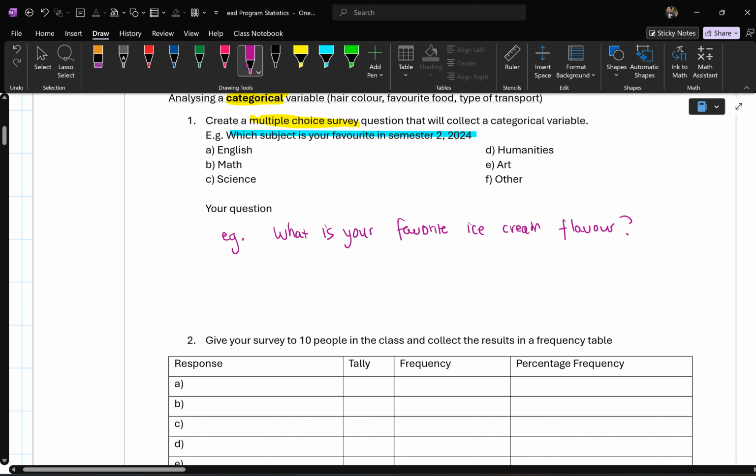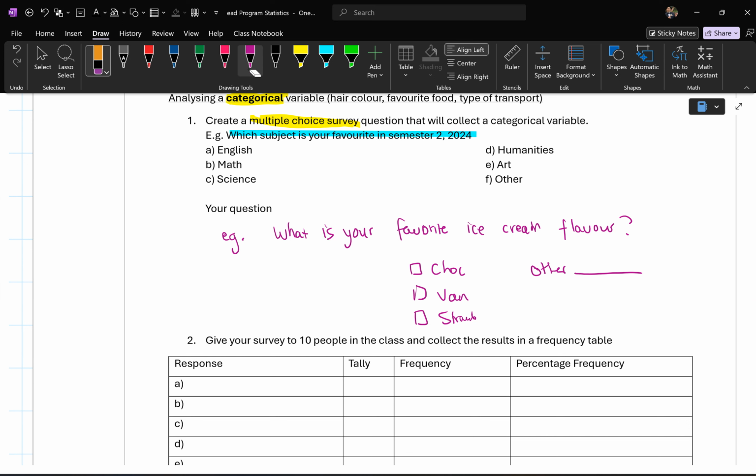And if that was your question, you can give them X amount of options, or you can leave it open. You could say chocolate is option 1, vanilla, and strawberry. Maybe it's just 3, and you see how many people choose each of those 3, or you could put other, and they can fill it in. It's up to you. So that's an example of a categorical variable for that question, right?